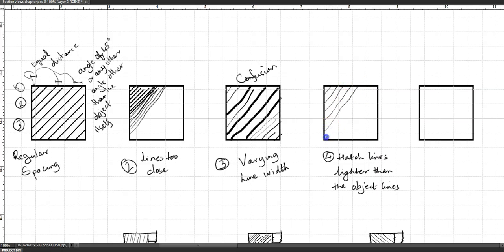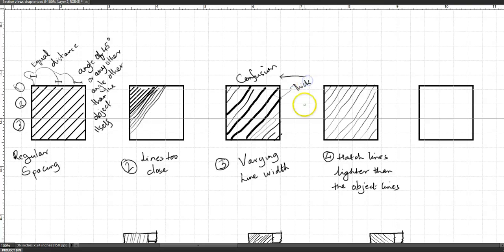So I have to try to keep my hatch lines a little lighter than the object line. Again, why? To avoid confusion. Okay, so I cannot have varying line widths. I cannot even have lines that are too thick.